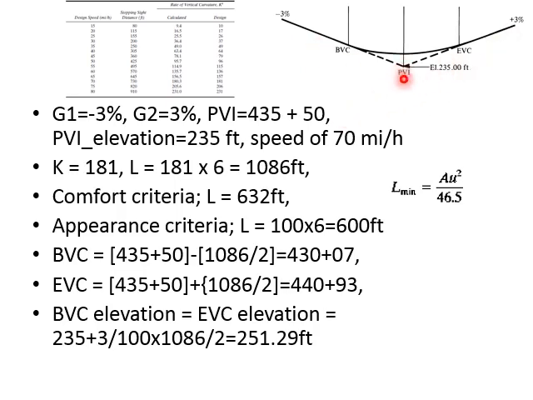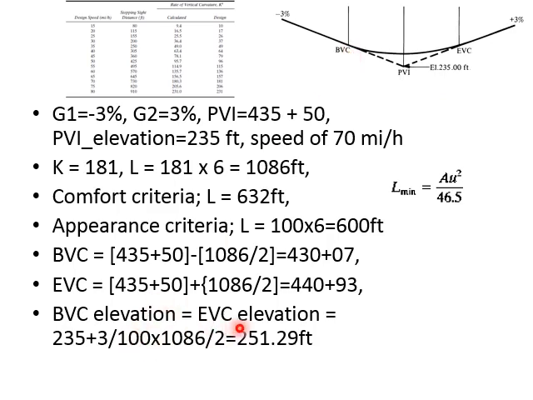So from PVI both gradients are upwards. So the distance to BVC and EVC is the same, the gradient value is the same, and the direction is also the same. So obviously you don't have to calculate elevations differently, because it will be the same value. When everything is the same, obviously the elevation will be the same.